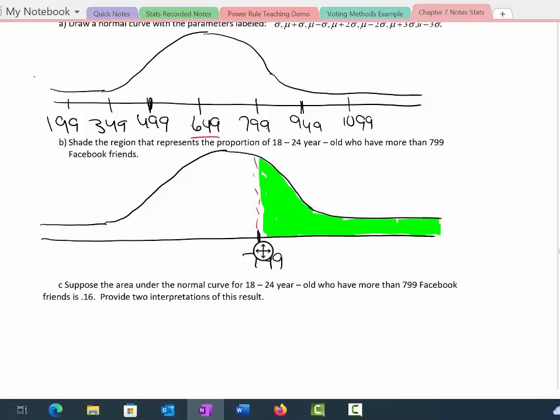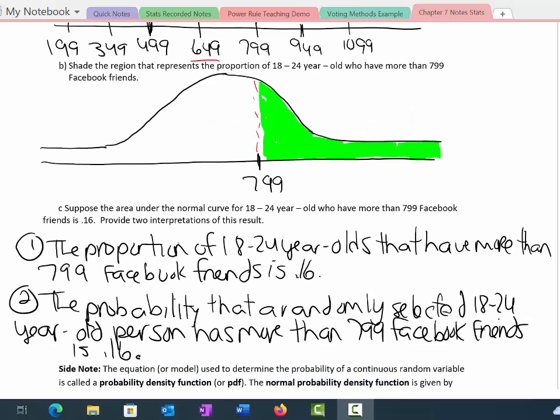Provide two interpretations for this result. So let me write the two interpretations below. The proportion of 18 to 24-year-olds that have more than 799 Facebook friends is 1,600. Or the probability that a randomly selected 18 to 24-year-old person has more than 799 Facebook friends is 1,600.